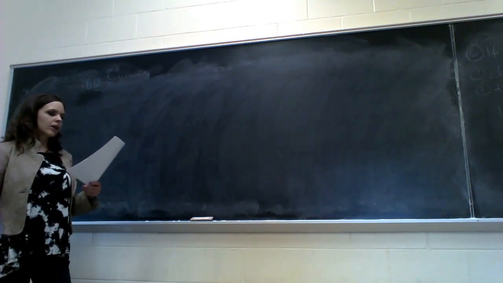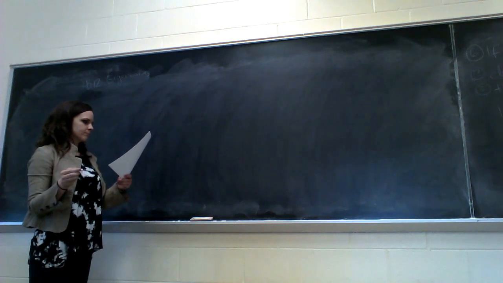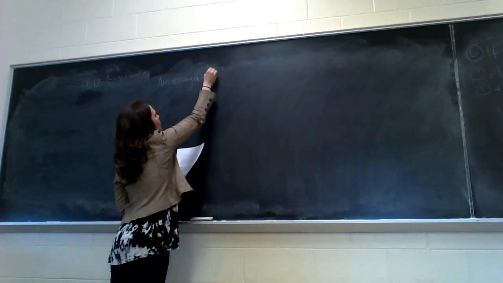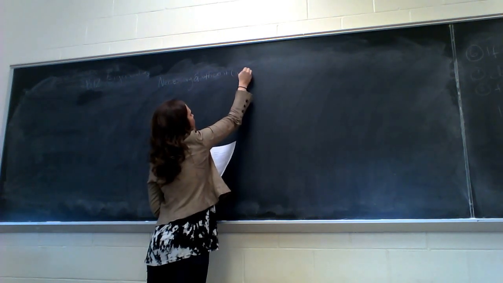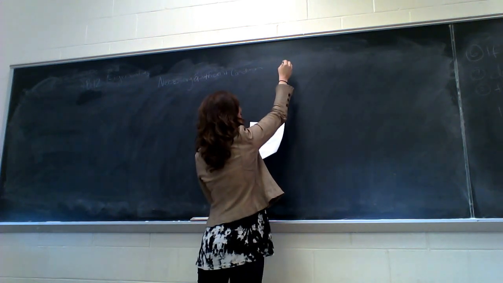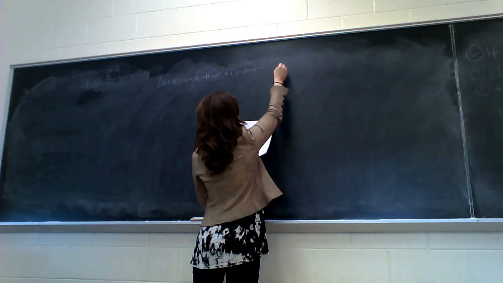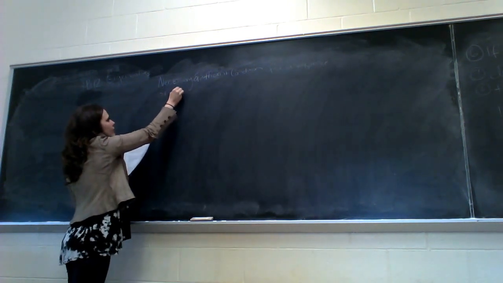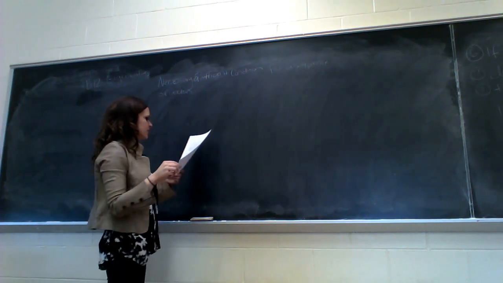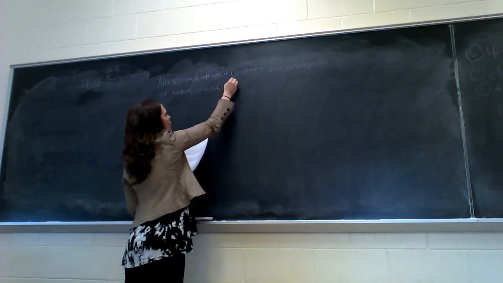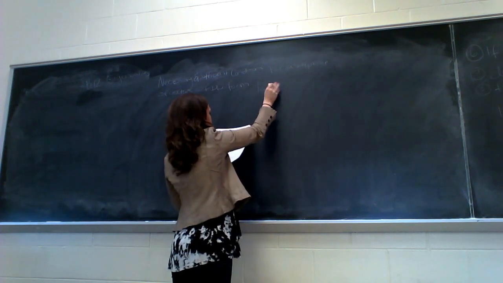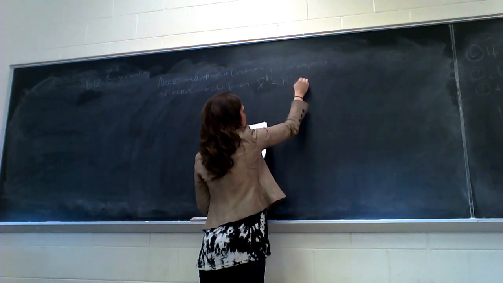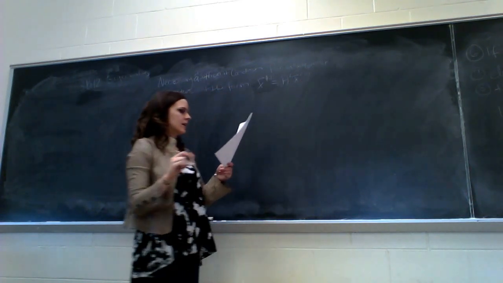Alright, so now we have a necessary and sufficient condition for a sequence of vectors of the form x_k equal to A^k times x_0 to converge to the 0 vector.